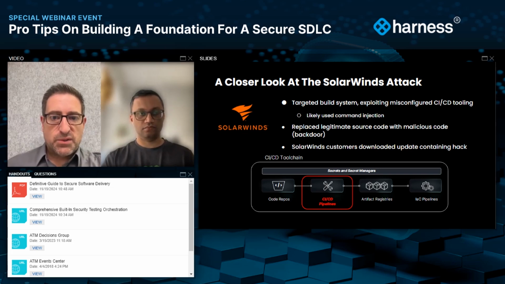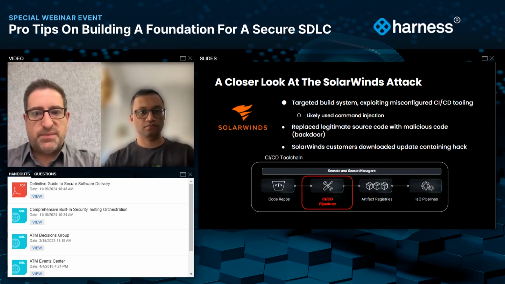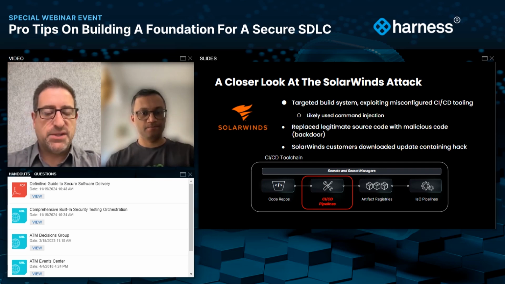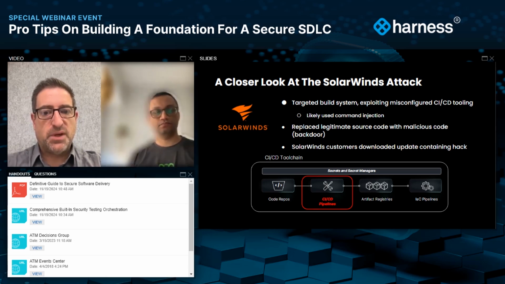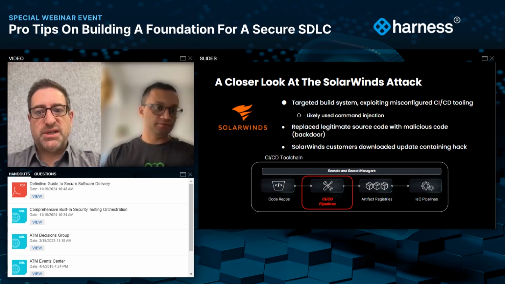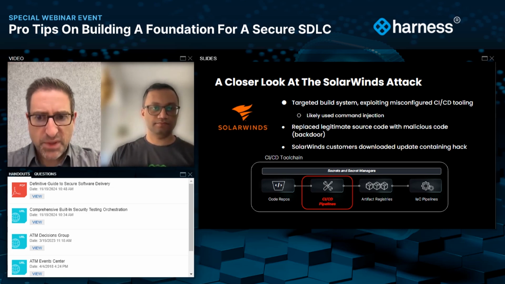What we know about SolarWinds is that it targeted the build system, and there was a misconfiguration within the CI/CD tooling that was exploited. Likely the attackers used some kind of command injection to do this, replacing legitimate source code with some kind of backdoor. As you would expect with a routine update, SolarWinds had updated their software, pushed it to customers, and then, of course, that backdoor was contained within that update.